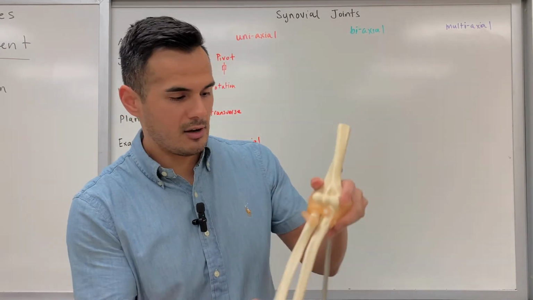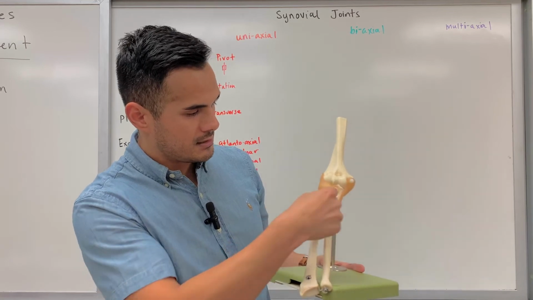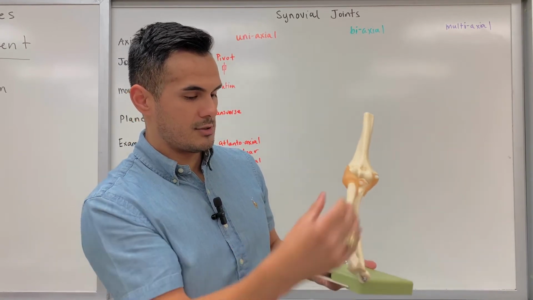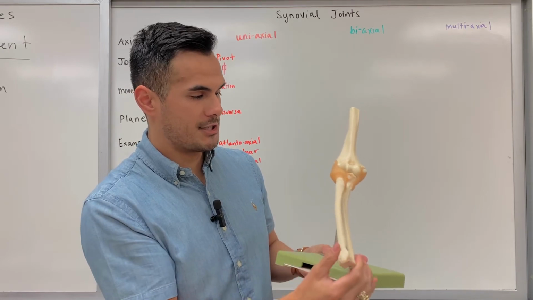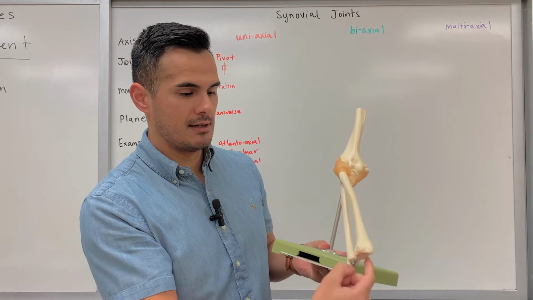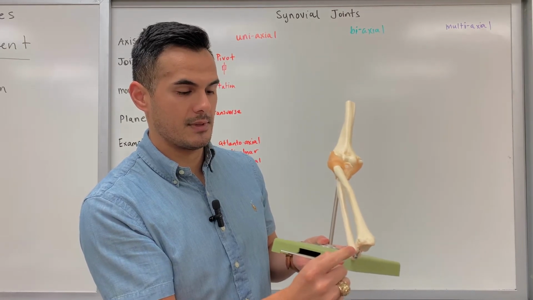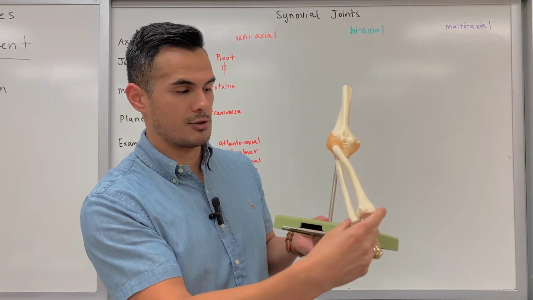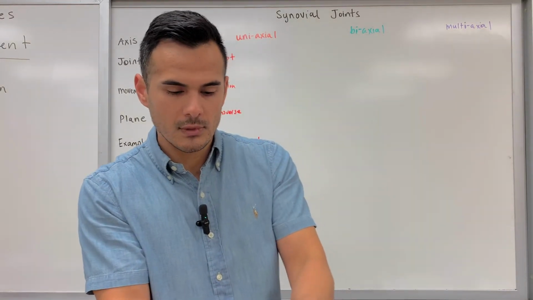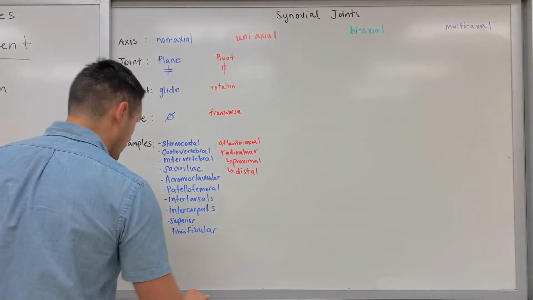Then you also have the elbow here, the head of the radius, articulating with the ulna. So this is called pronation. As it rotates in this direction, you see the rotation, and then it also happens here at the distal radio-ulnar joint right there. Okay, so that's it for the pivot joint.